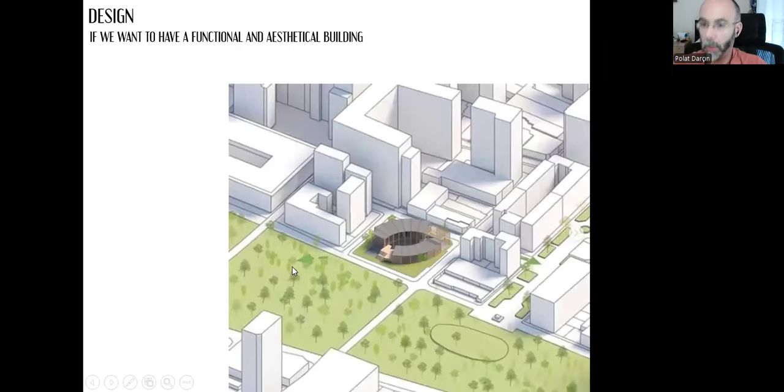As you know, designing means making lots of decisions. And if we want to have a functional and aesthetical building, then we need to make appropriate decisions.